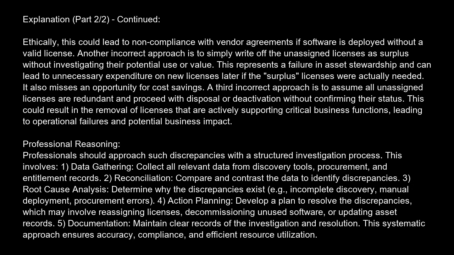Ethically, this could lead to non-compliance with vendor agreements if software is deployed without a valid license. Another incorrect approach is to simply write off the unassigned licenses as surplus without investigating their potential use or value. This represents a failure in asset stewardship and can lead to unnecessary expenditure on new licenses later if the surplus licenses were actually needed. It also misses an opportunity for cost savings.